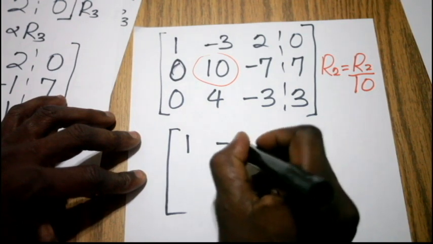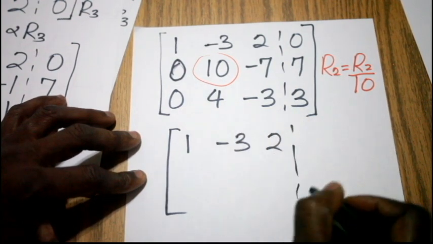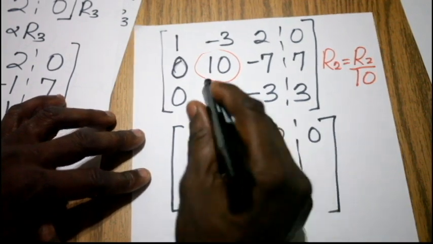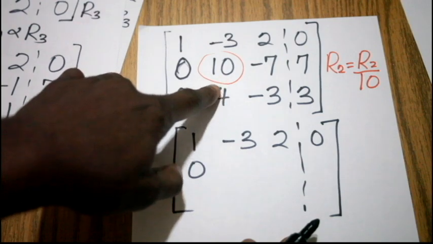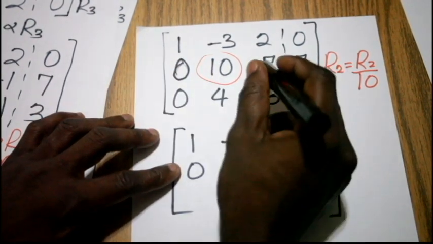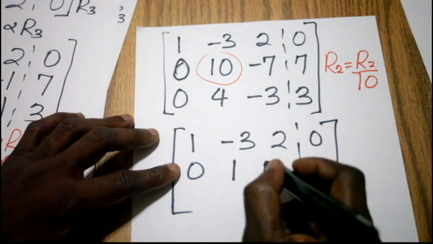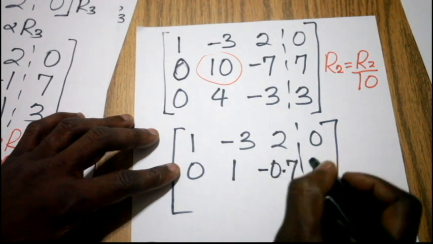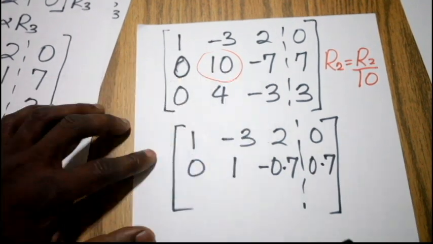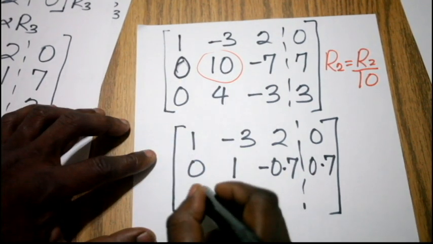Row 1 is written the same, then row 2 that we targeted: 0, 10 divided by 10 gives 1, and -7 divided by 10, I'll write in decimal form, is -0.7. Then I will write row 3 to be the same.